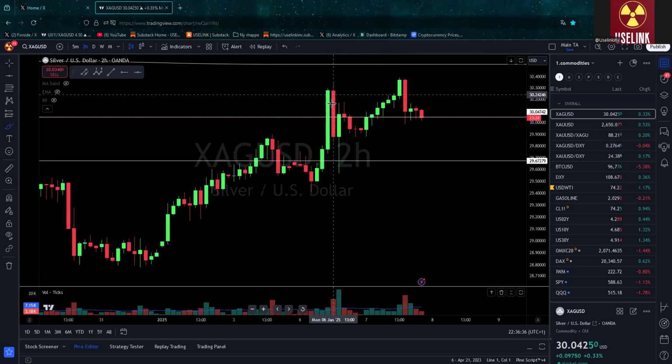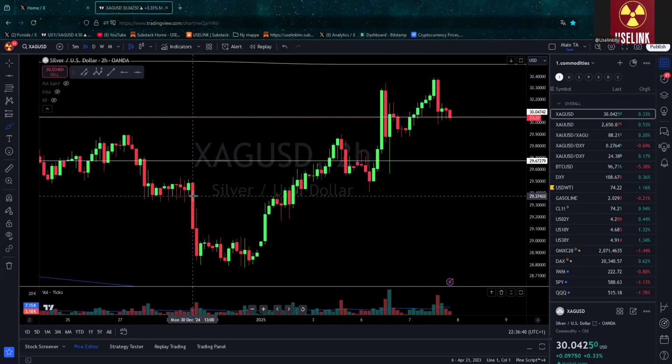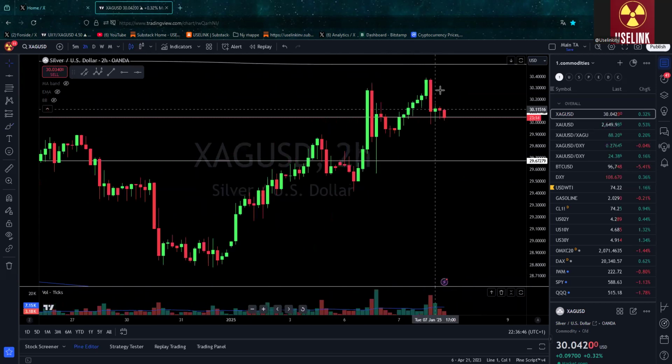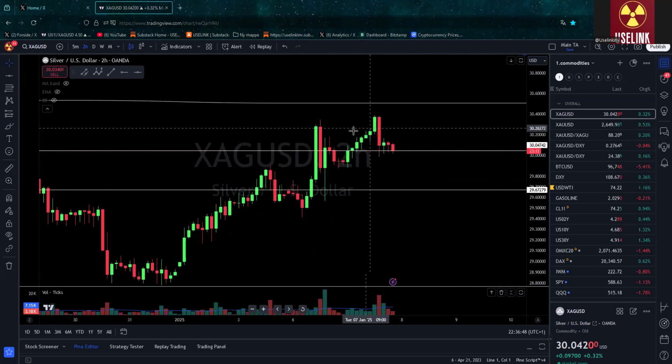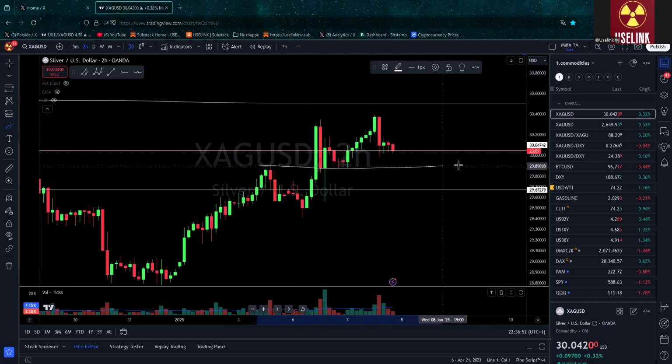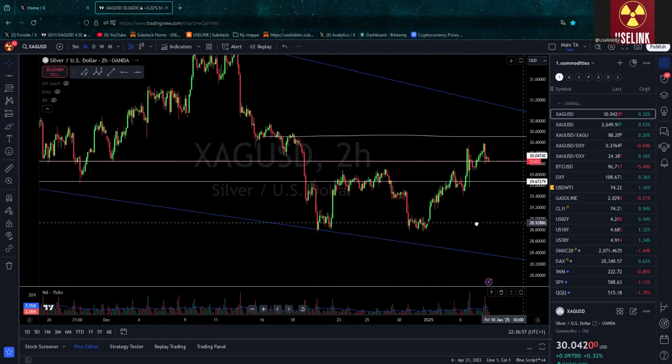Again, 3 o'clock, 1 o'clock here, and over here also. So you can see even though the Heikin looks good, this is also a little dangerous if we start to trade sub 30.